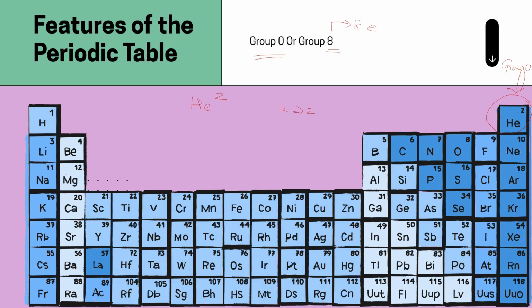In this group, everything is filled. That is, all the electrons in the outermost shell are completely filled. In the case of helium, there are only 2 electrons. That is why 8 is not appropriate for this. Hence, we call it group 0.